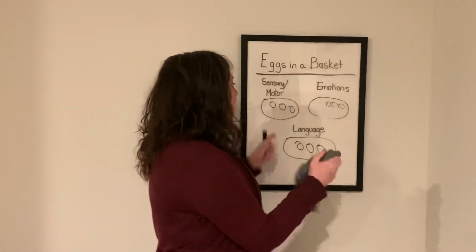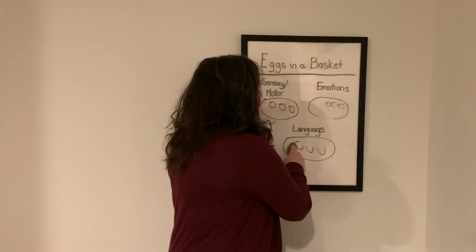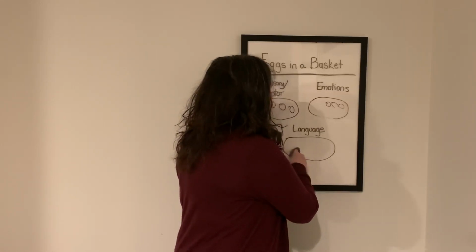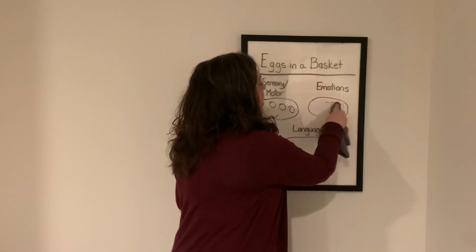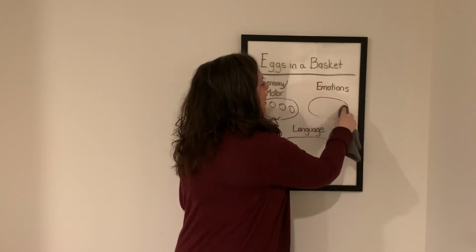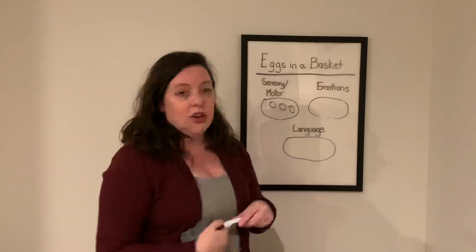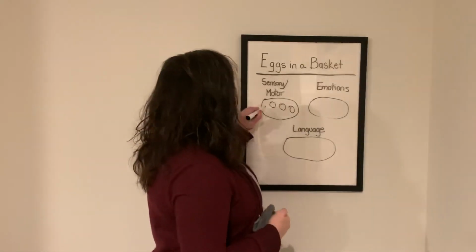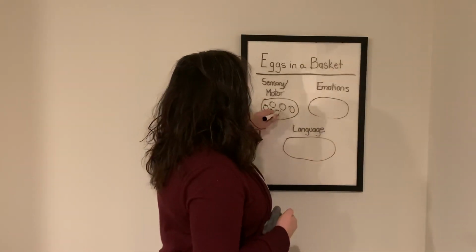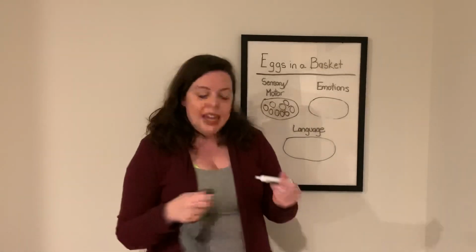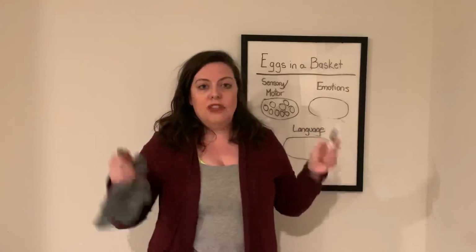Okay, so that is, in short, my theory about eggs in a basket. This can also apply in the sensory motor realm as well. A lot of our kids get very, very overstimulated by lots of stuff going on. So if all of those eggs are in the sensory motor basket because they're overloaded by sounds and sights and things going wrong, again, you have to be in charge of the eggs.